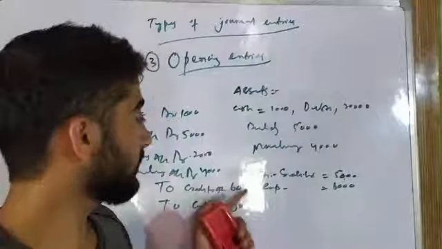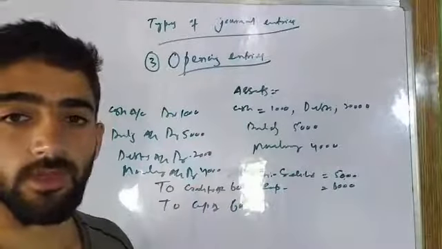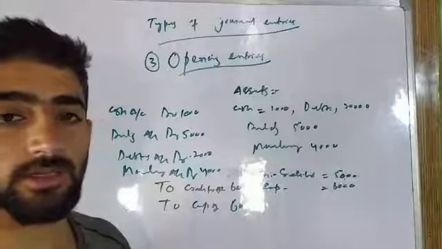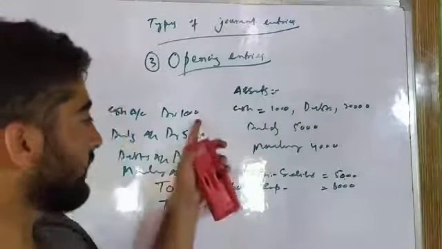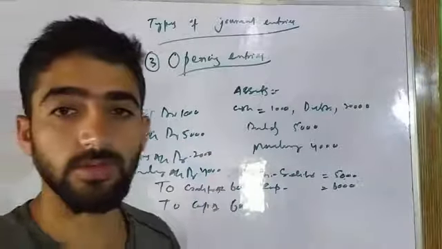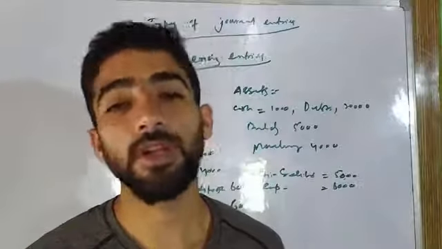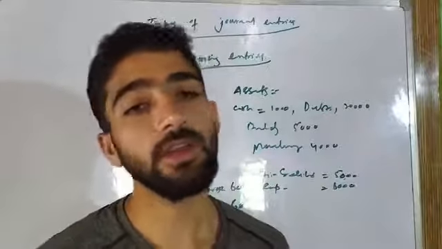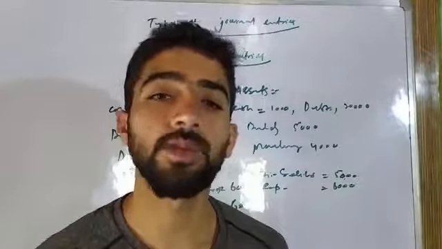The basic accounting equation is assets is equal to liabilities plus capital. So we portray this accounting equation of every year in an opening entry.